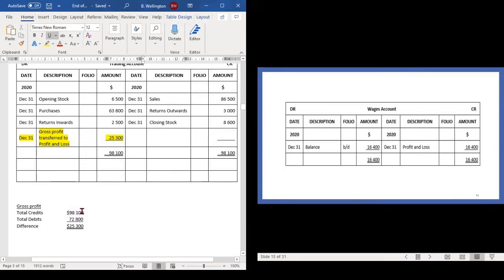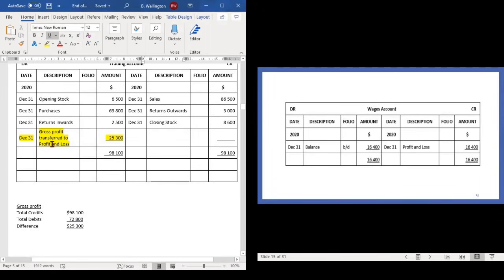Total on the credit side was $98,100, and the total on the debit side was $72,800. So there was a difference of $25,300. Now you're going to put that difference on the side that had the smaller total, which was the debit side. So this is where that difference is going to be.